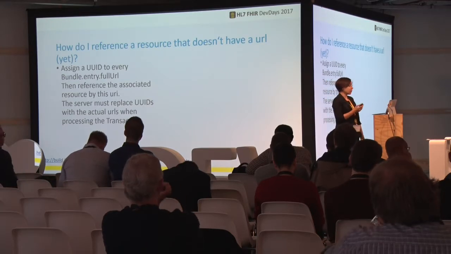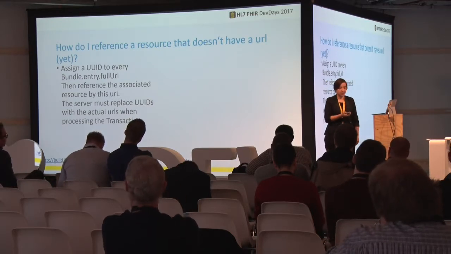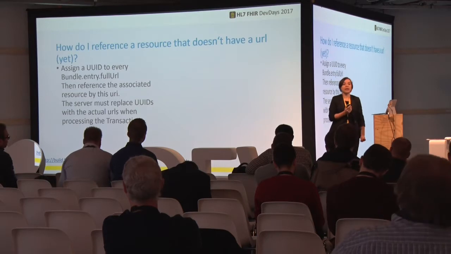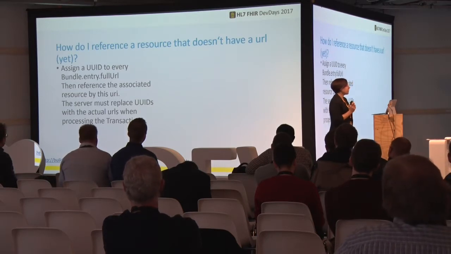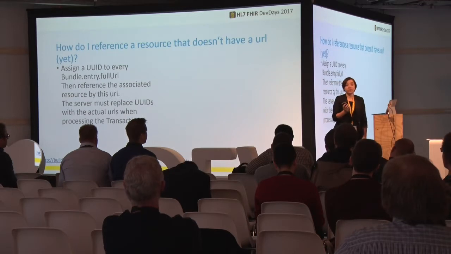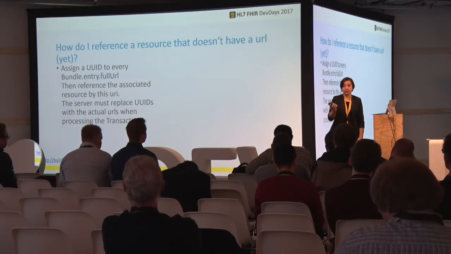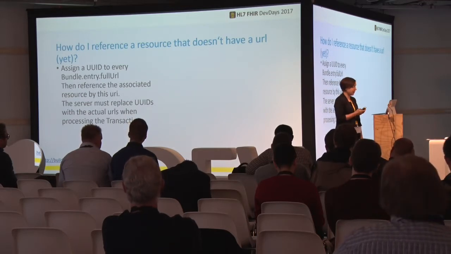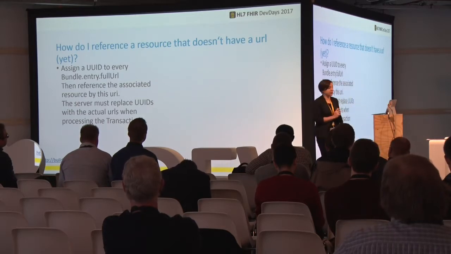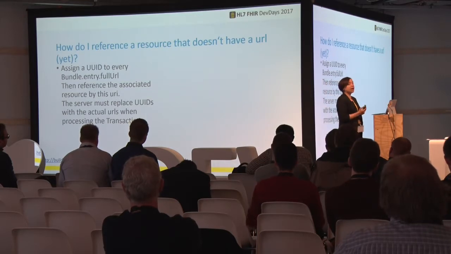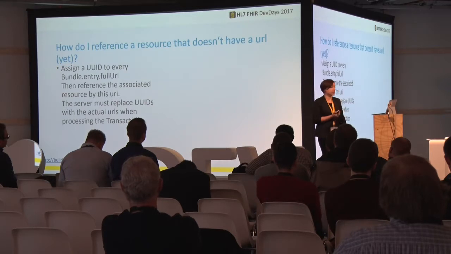what we can do is we can just create UUIDs for all the entries in our bundle, and then use these UUIDs to reference the resources in that bundle. And the server is expected that when processing a transaction bundle, or any kind of bundle for that matter, it has to replace the UUIDs with the actual URL it assigns to the resources.